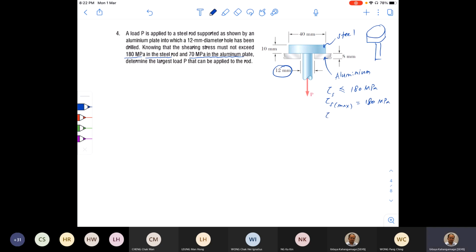And for aluminium, tau aluminium maximum should be 70 megapascal. Determine the largest load P that can be applied to the rod. So we need to find P max, the maximum of P.